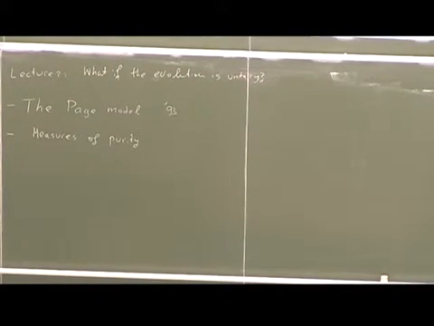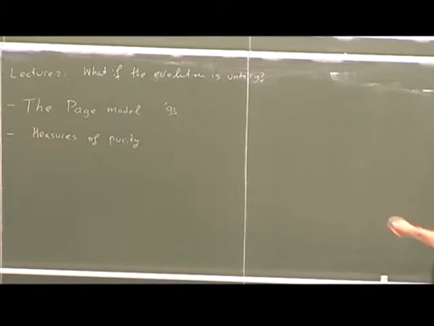Okay, so we will have to make a technical digression to explain measures of purity. And it turns out that the tool that you're probably most familiar with, which is the von Neumann entropy, is most familiar but not most useful. So we will have to get to know more useful tools for these measures of purity.